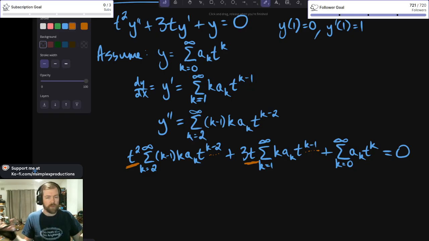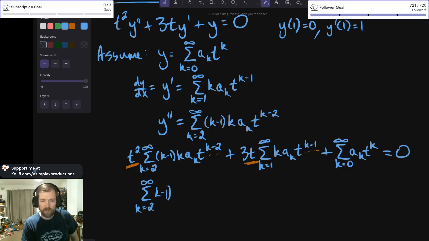And so therefore we could just multiply our t squared onto this. So this is actually not terribly bad. So we still have k going from 2 to infinity of (k minus 1) k a sub k times t squared times t to the k minus 2, which is just t to the k.